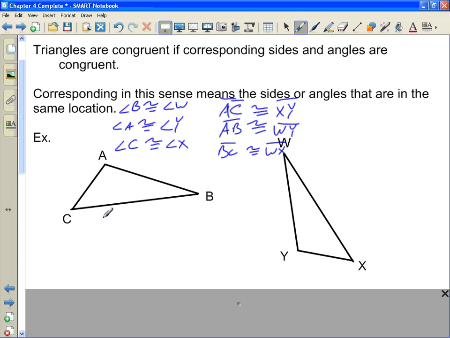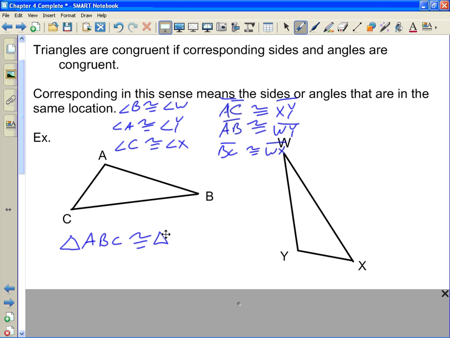Now when I go to write that this triangle is congruent to that one, I want to write it in a way that lets people know which angles are the same and which sides are the same. So if they don't have a picture, they'll know which pieces correspond to each other. So triangle ABC is going to be congruent.